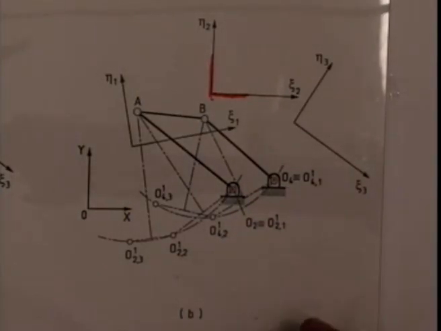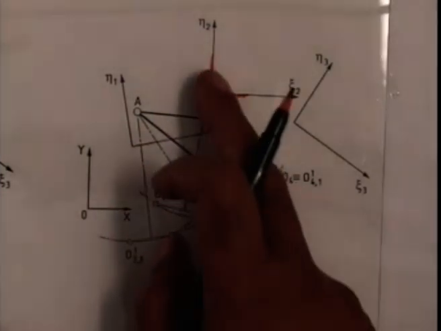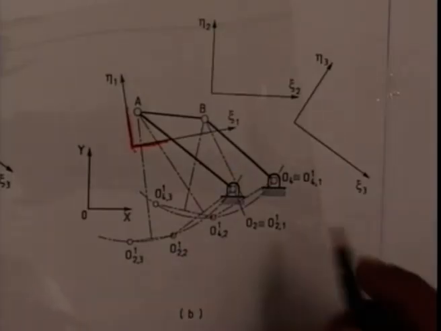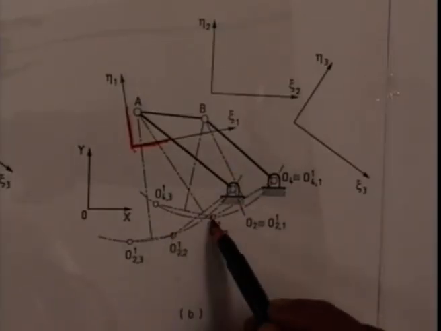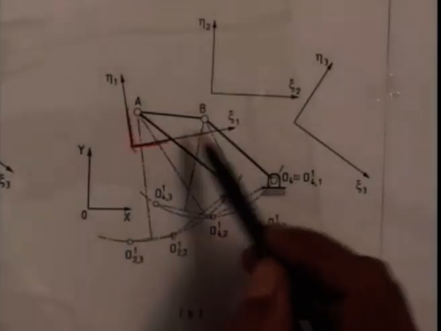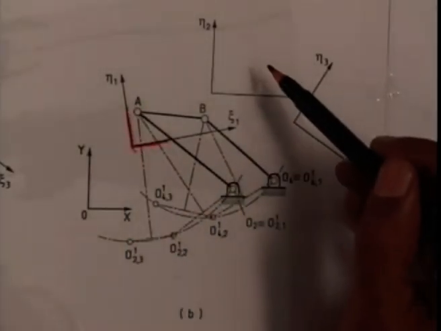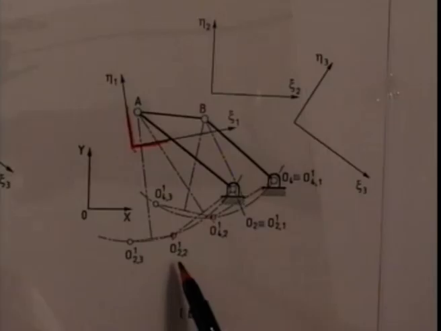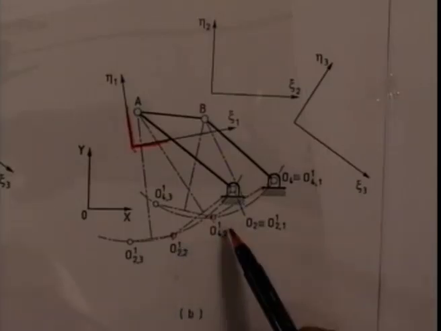So if I now have the same relative movement but hold the coupler fixed in its first configuration, that means eta 2 zeta 2 I coincide with eta 1 zeta 1, and you see the O2 moves here, O4 moves here, such that the same relative position corresponding to the second configuration is maintained. So O2 comes here, O4 comes there. This position I call O2^2_1 and this position I call O4^2_1.